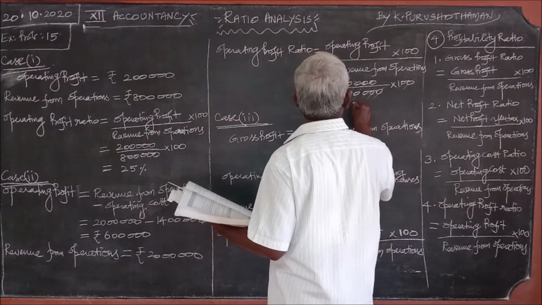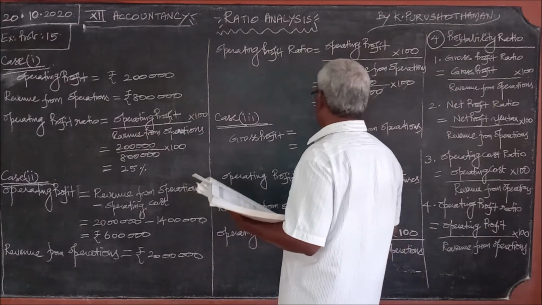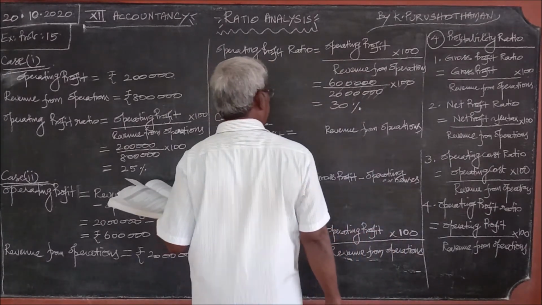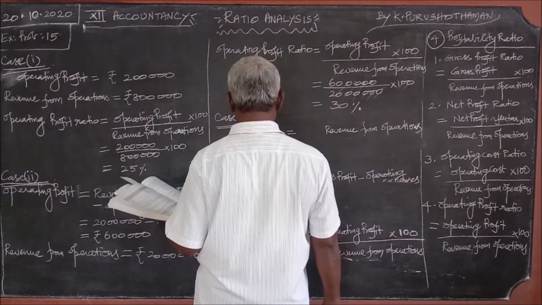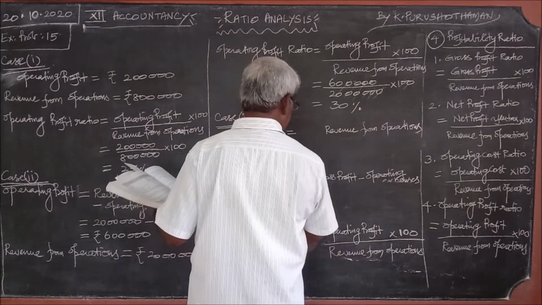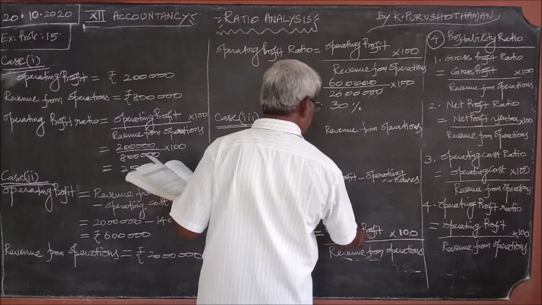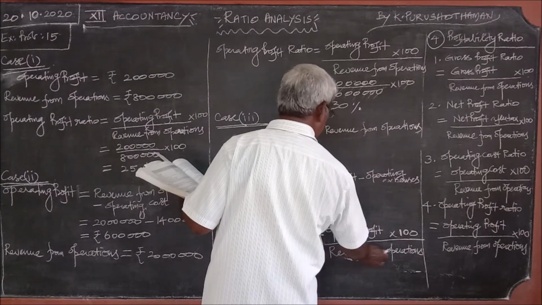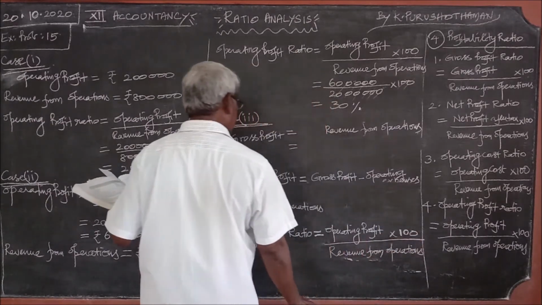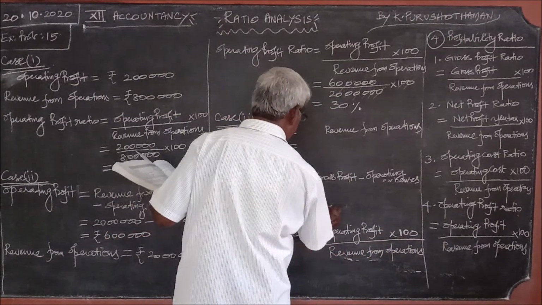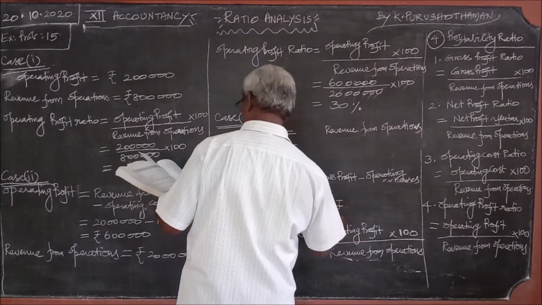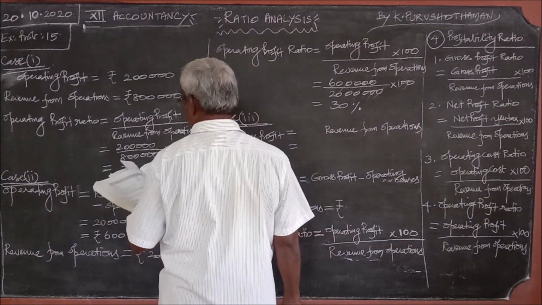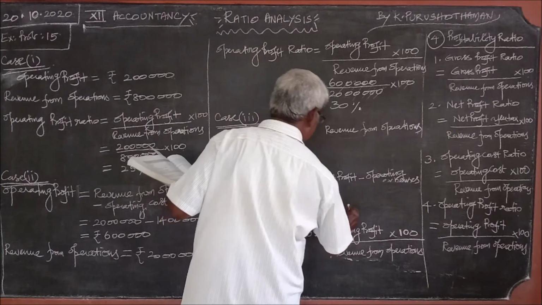We can substitute and find the value. Then, case 3, gross profit. Yes, operating profit ratio is equal to operating profit by revenue from operations into 100. Okay, very good. In this, the denominator is equal to, that is revenue from operations, 10 lakhs.